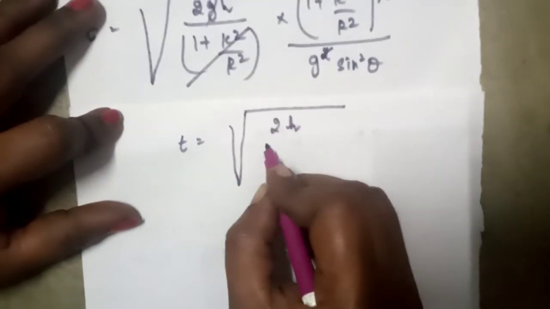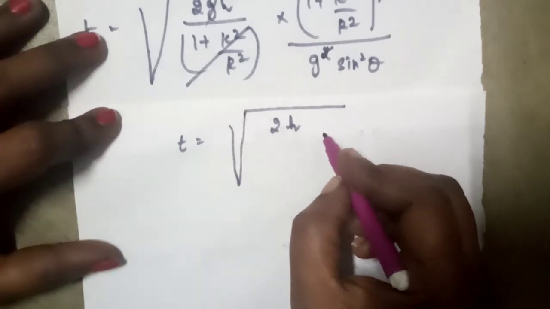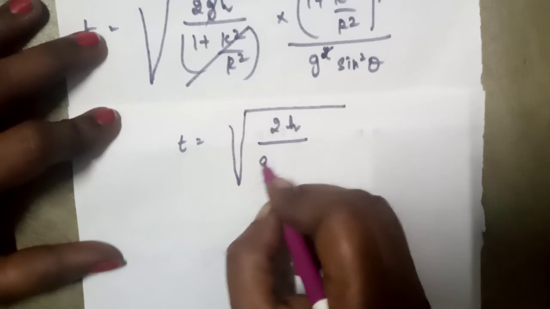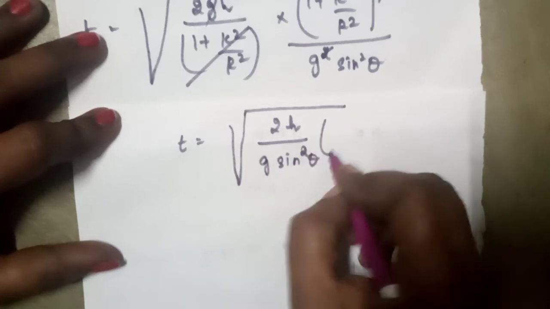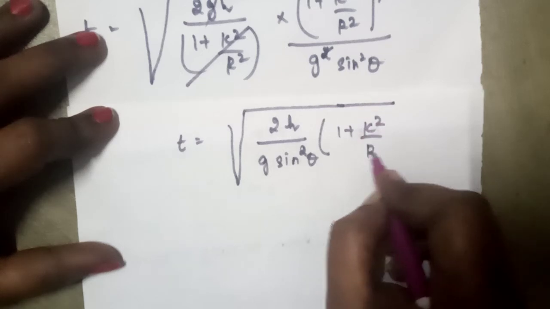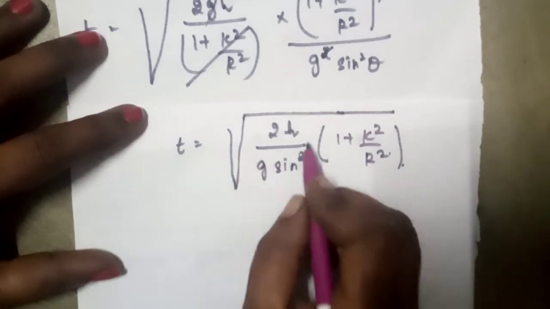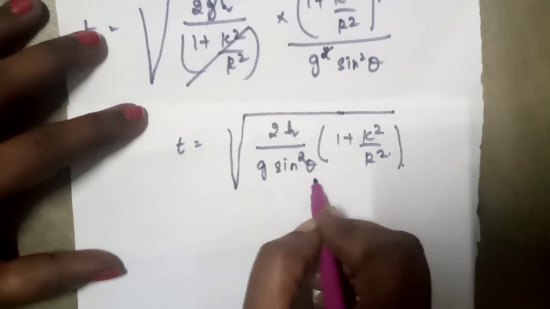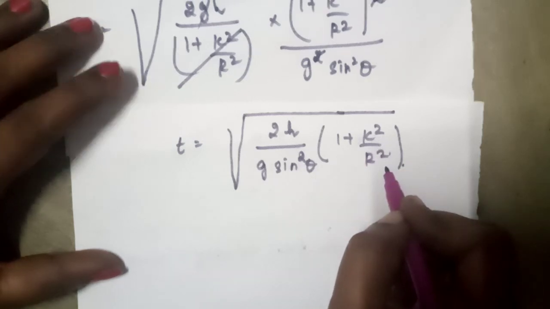The remaining term: t is equal to square root of 2h by g sin square theta into 1 plus k square by r square.